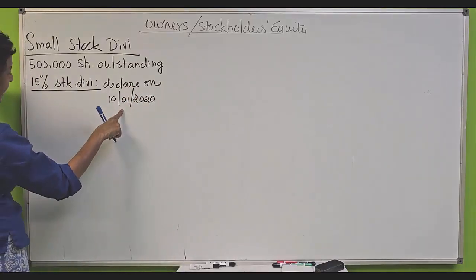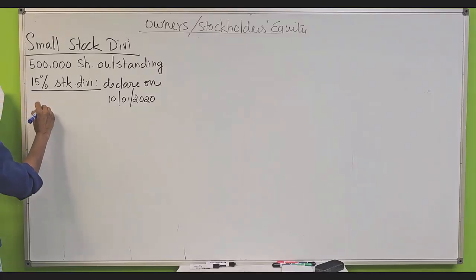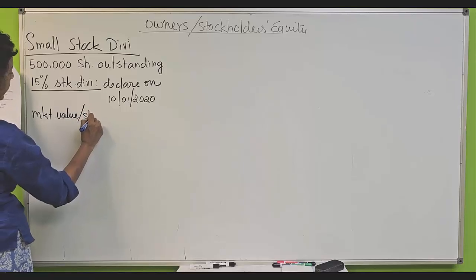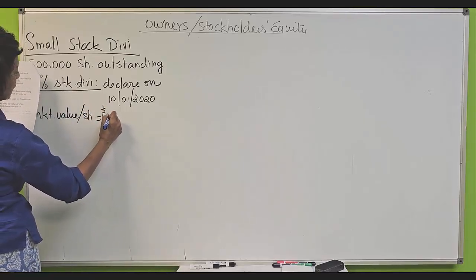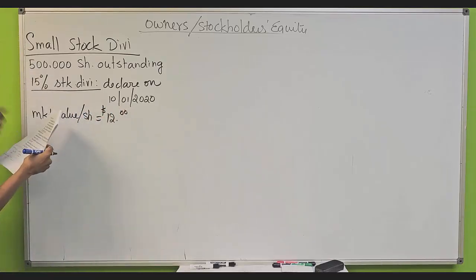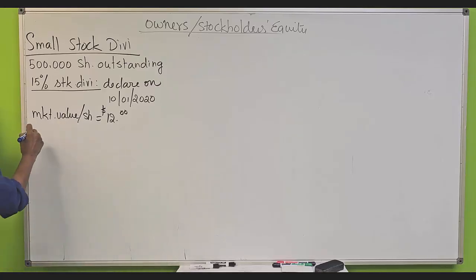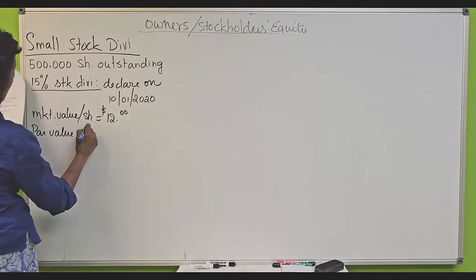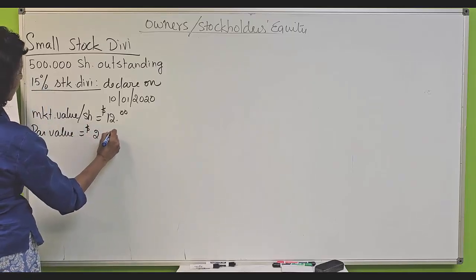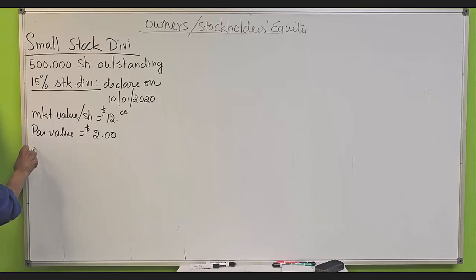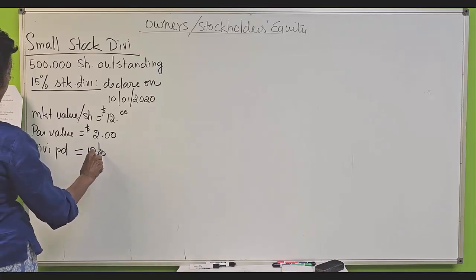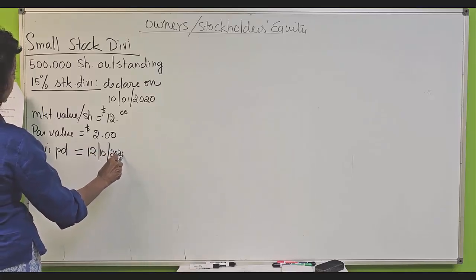So on this day, the market value per share equals $12, and each share has a par value of $2. Now, the dividends are paid on December 10 of 2020.